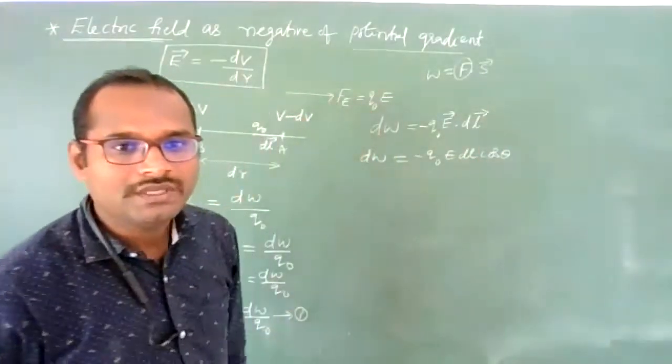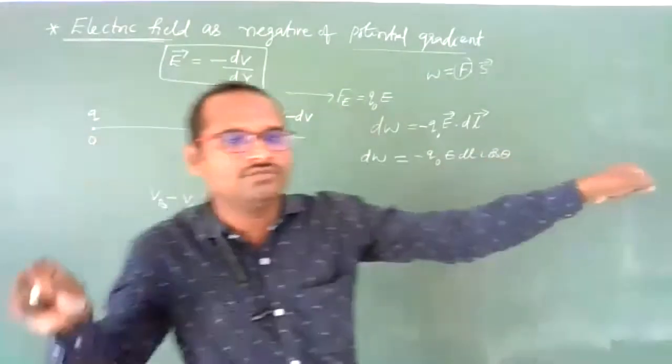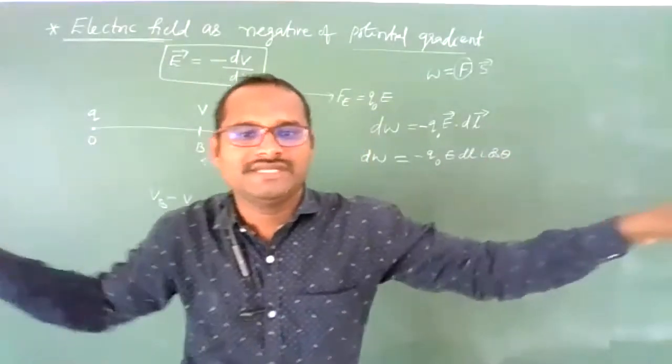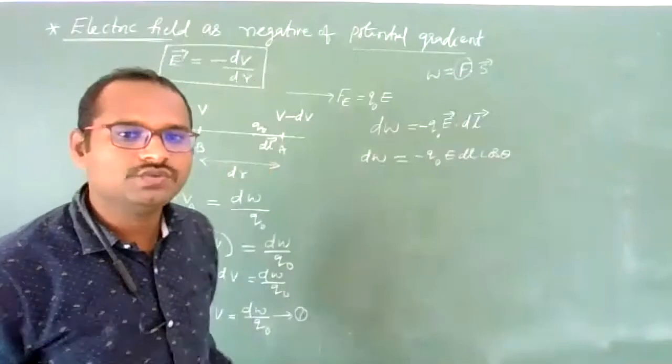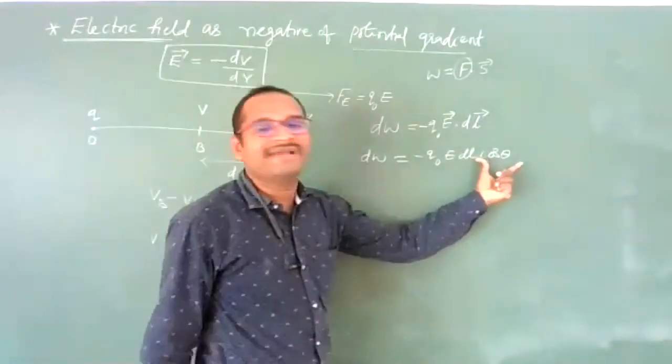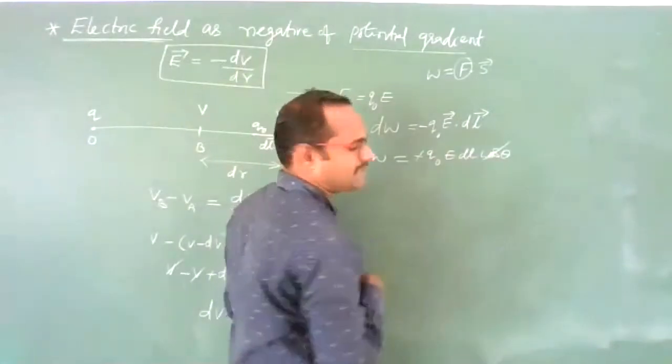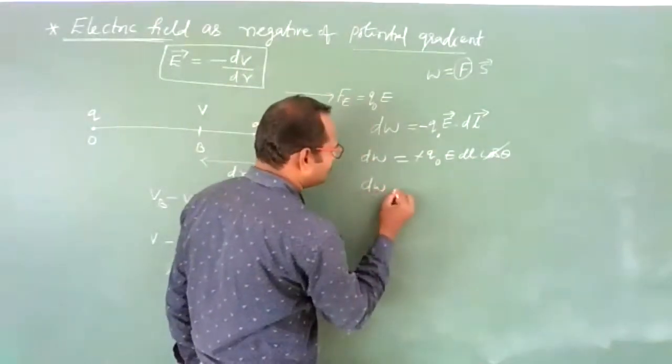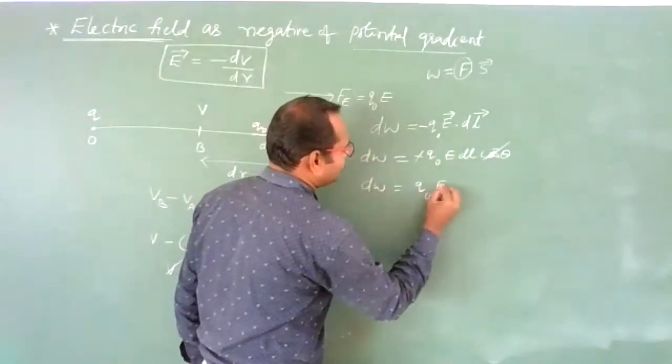What is the theta value? The electric field is in that direction, and we need to move it in this direction. Both are in opposite directions, so you can write theta as 180 degrees. Cos of 180 is minus 1. So the minus cancels, and you will get dW is equal to Q naught into E dl.